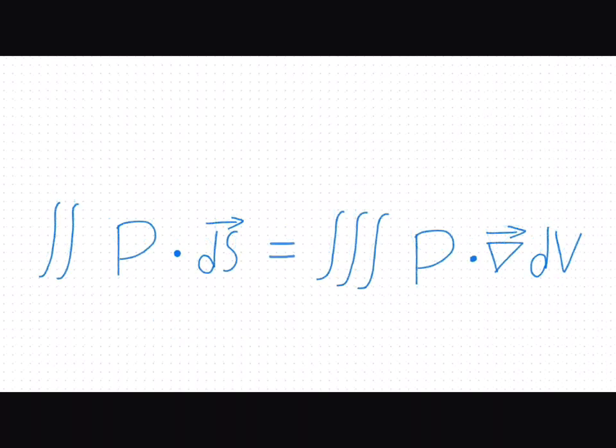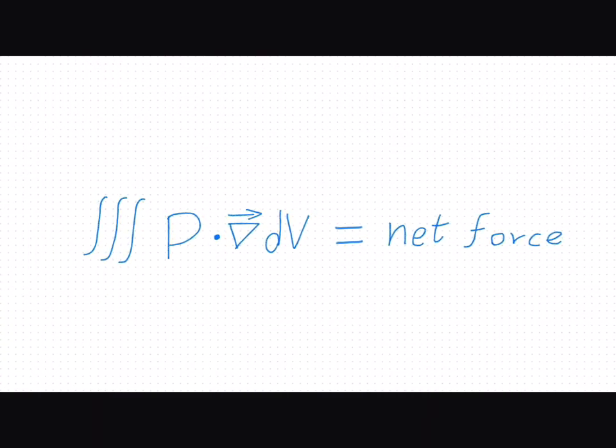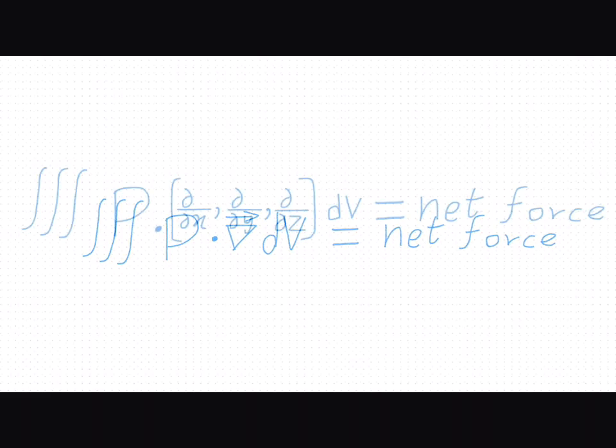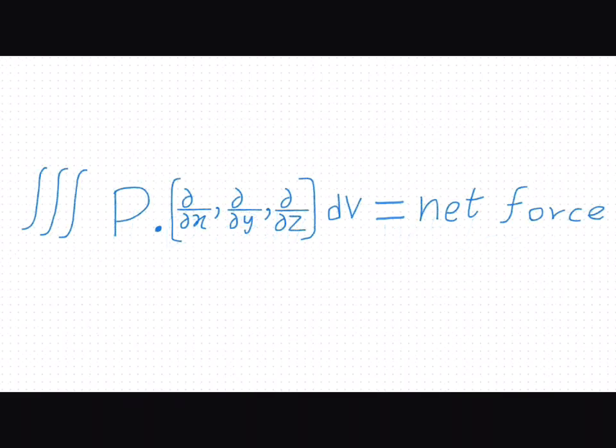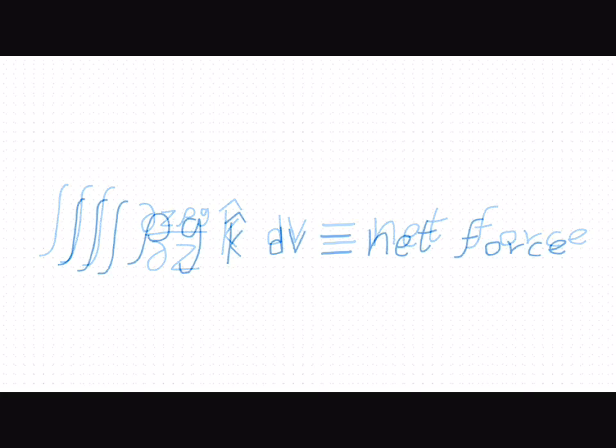Now we can say that the double integral of the pressure times dS is equal to the triple integral of the gradient of the pressure. Recall that pressure is h rho g. The derivative of the pressure with respect to both x and y is equal to 0, and h here is simply the same as z.